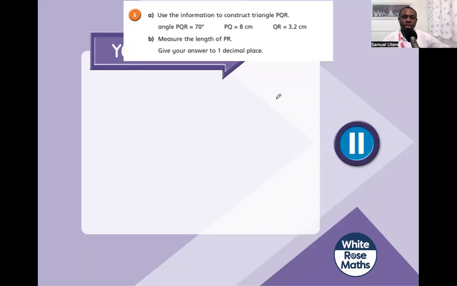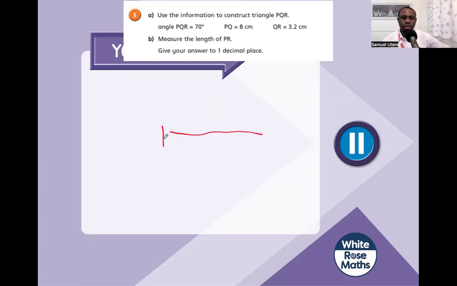For question 5, you were asked to use the information to construct triangle PQR. Now, to do this construction, I'm just going to discuss it. I'm not going to demonstrate it. What you're going to have to do is first draw PQ.